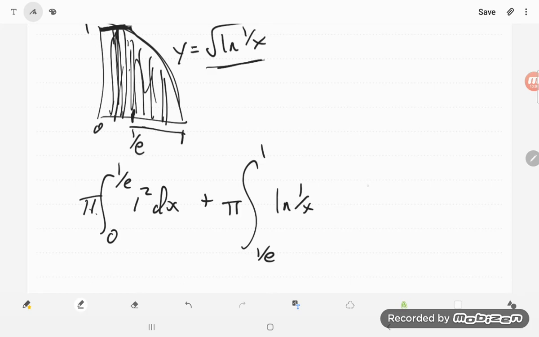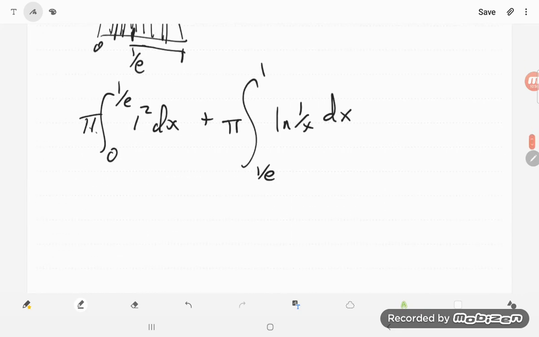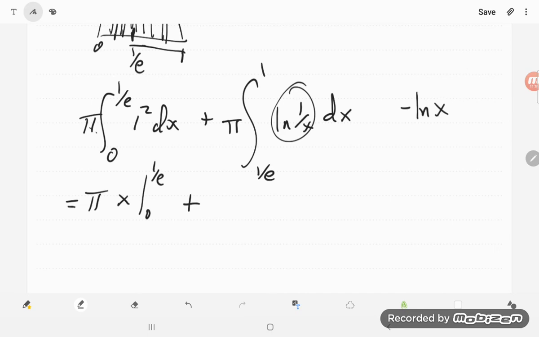Natural log of 1 over x dx. So on this first one, we get pi times x evaluated from 0 to 1 over e plus, now here log 1 over x, remember that's just negative log x. Oh, okay. So I could look up that antiderivative. Again, we don't know that antiderivative unless we look it up.